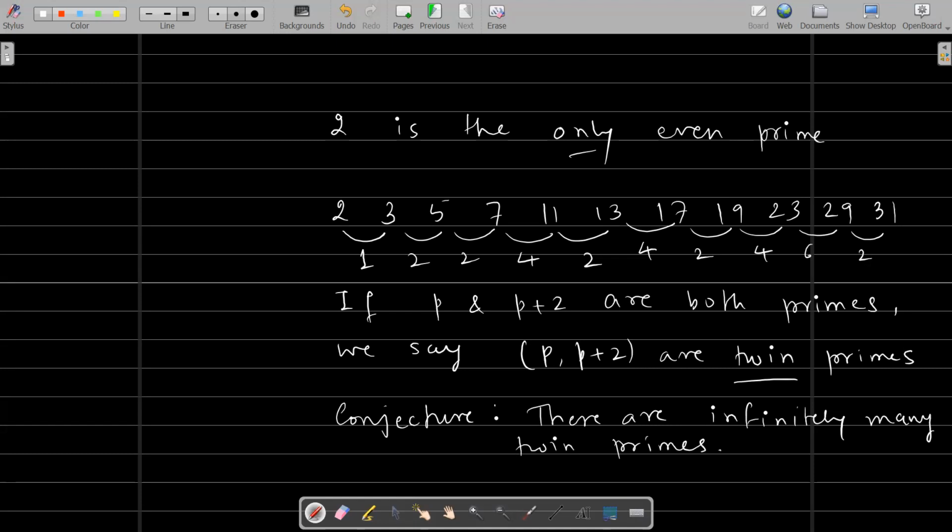In fact, there is a more general conjecture, once again due to Polignac. There are infinitely many primes of the form p comma p plus 2k, so p plus some even number 2k.